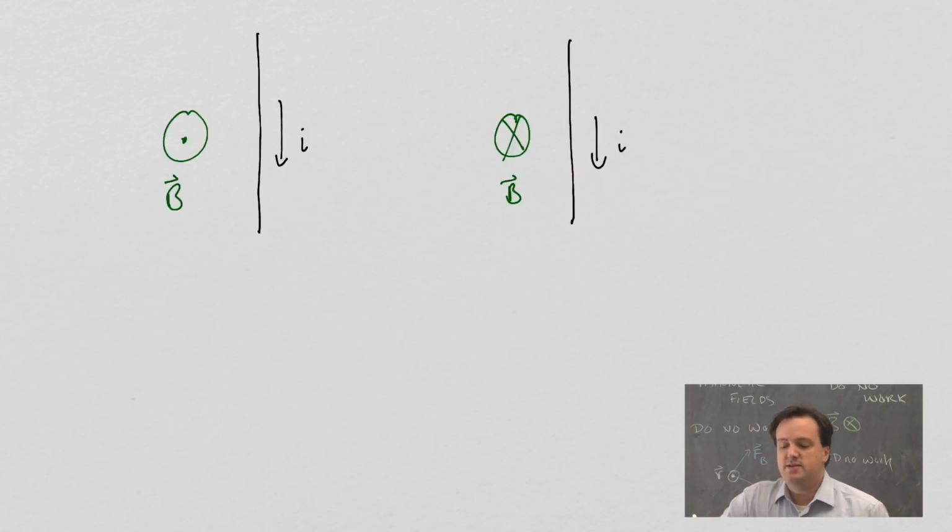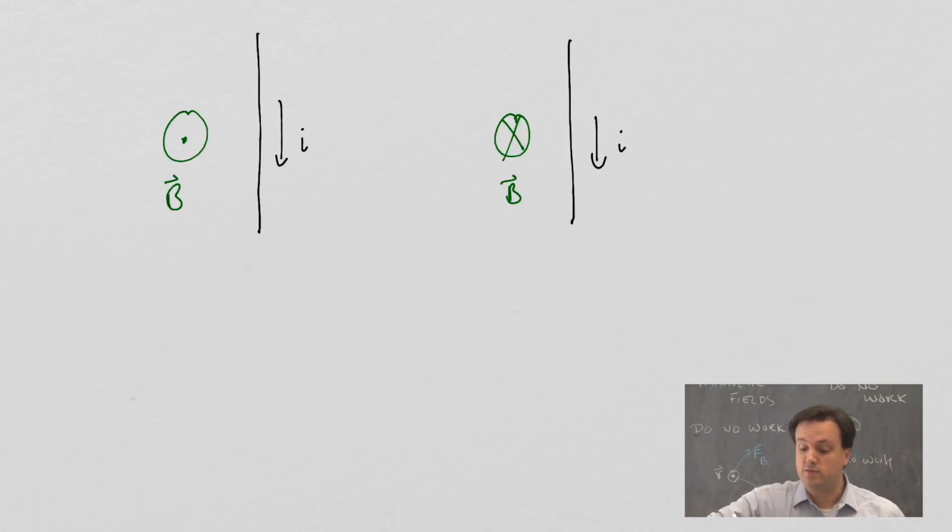Okay, let's apply this to two examples just to ground ourselves in what's going on. So I have two different wires, both of which the current is flowing down the page. Each of these wires has some length L, but on the left wire I have a magnetic field coming out of the screen towards us, and on the other side I have a magnetic field that's heading away from us.